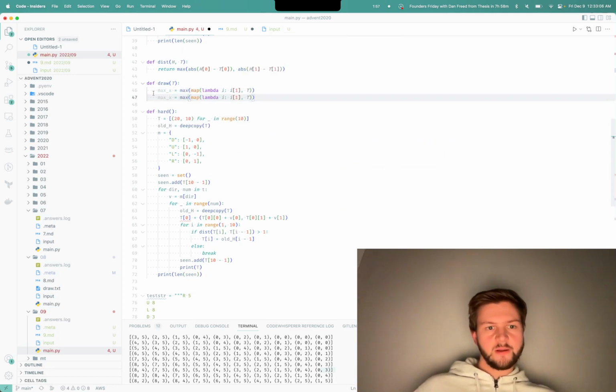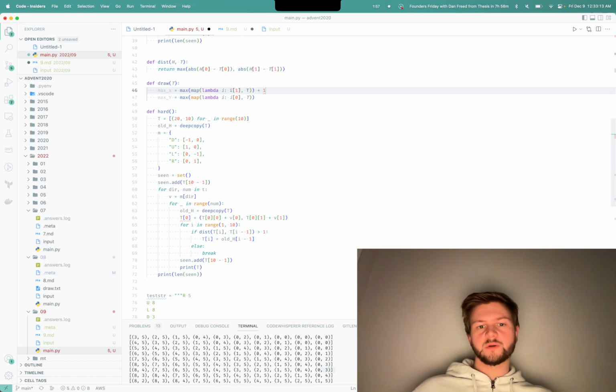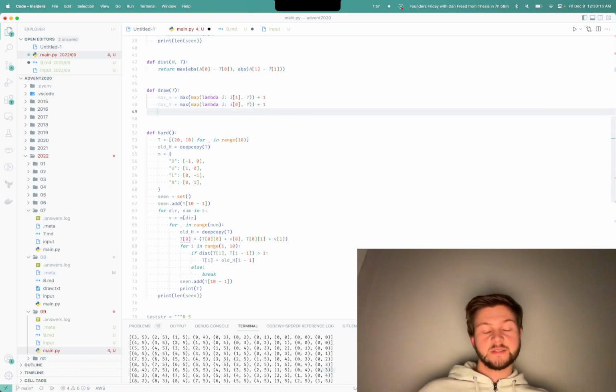And then we got this for y, except it's going to be 0. We're just going to add 1 to this. I really hope they're never going to be below 0. But I think with the offset that I just added, it should be fine.